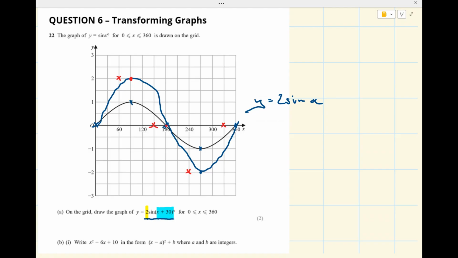Well, it's going to look like this. Smooth through that. Okay, and that is my answer. The red graph is my sketch of the graph y equals 2 sine of x plus 30.